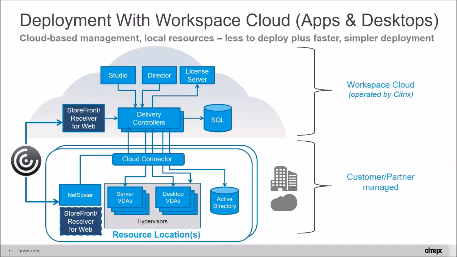So if we take a look at this environment from another perspective and just have a look at some of these individual components, you'll see there that the SQL Server component, the licensing component, Desktop Studio and Director, and delivery controllers are all responsibilities that Citrix takes on as a service. What we introduce into either your Azure environment or your on-premise environment, which we refer to as a resource location, is the concept of a connector.